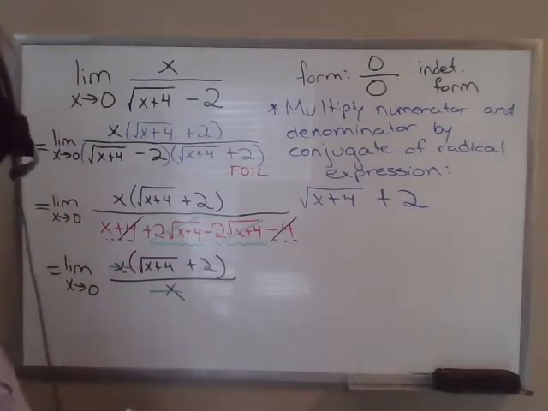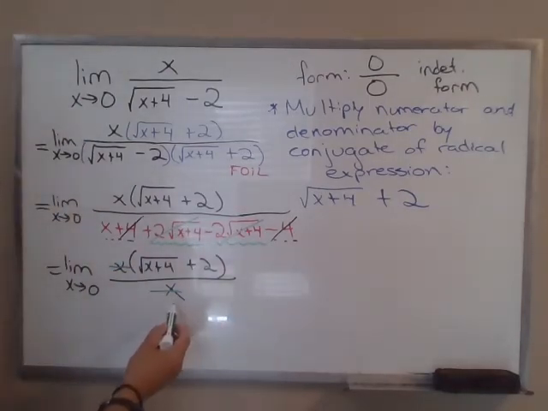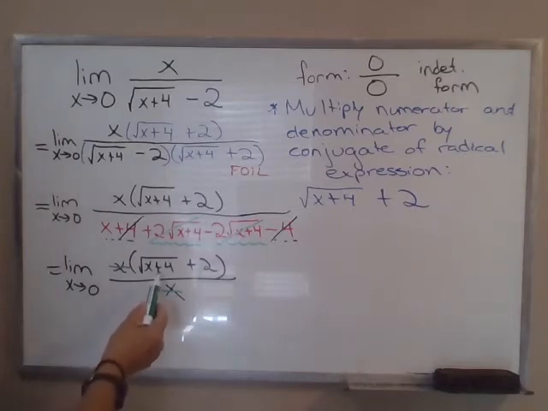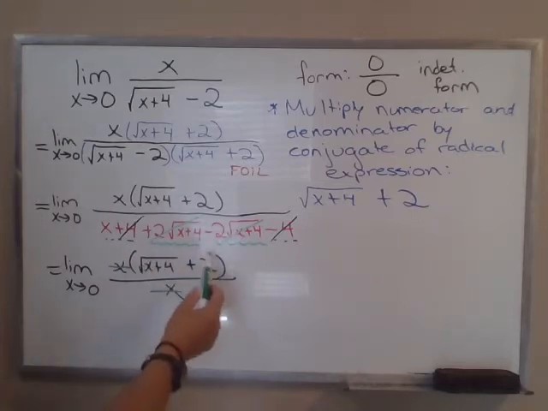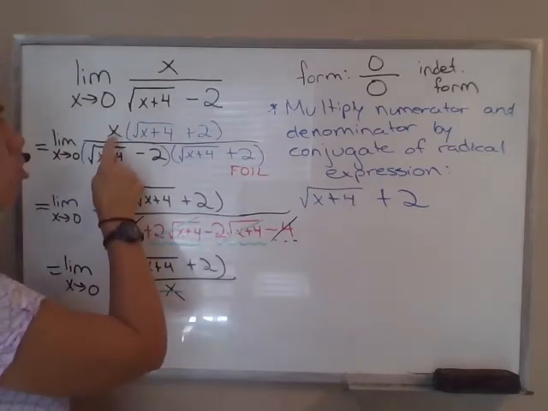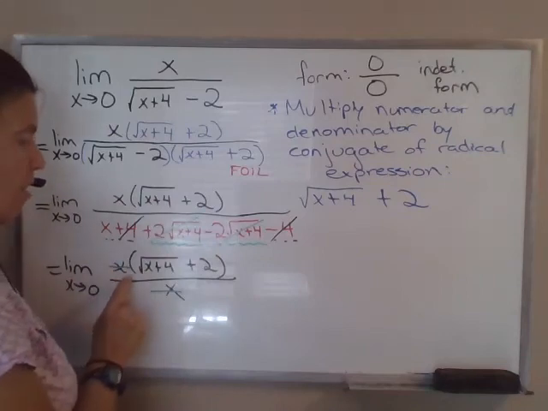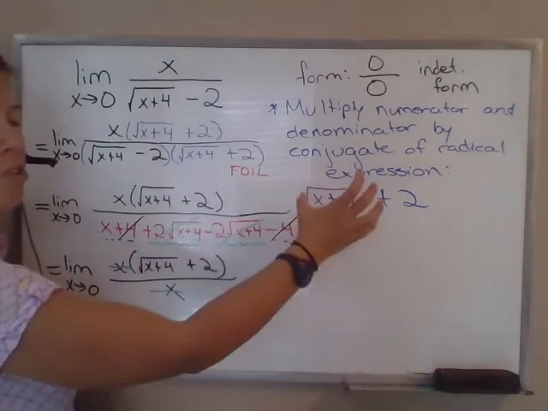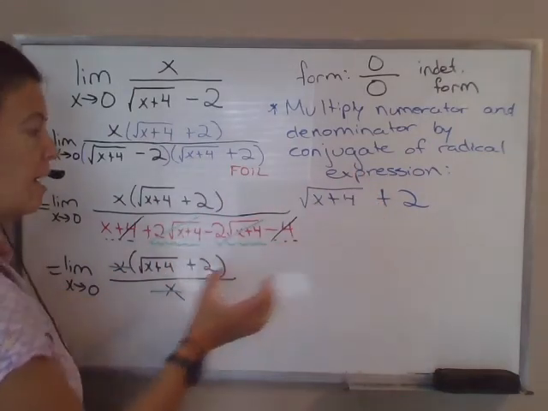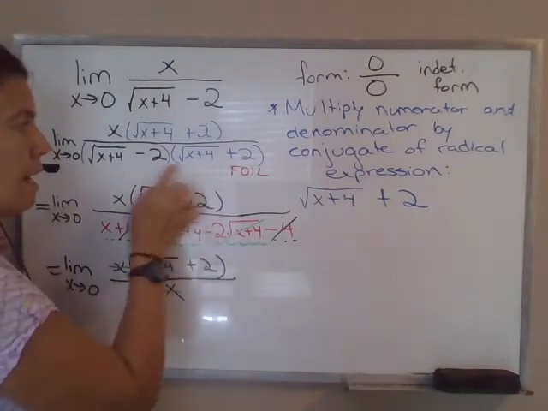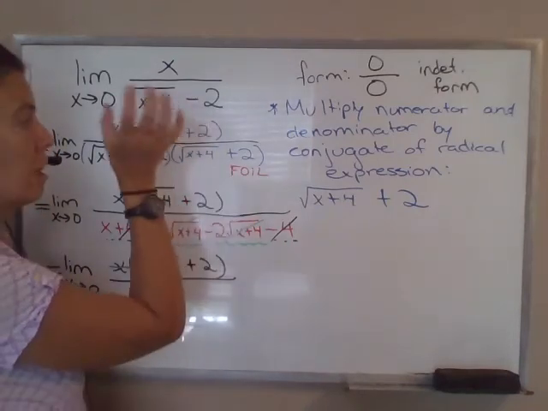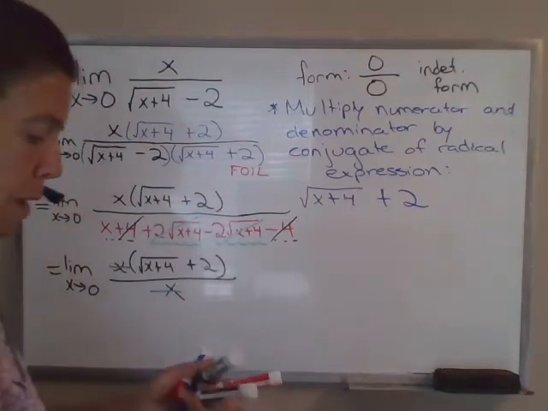And notice that once you cancel those x's, now 0 is in the domain of this expression. It's not going to make our denominator equal to 0 anymore. So that right there is why you should not distribute the x in the numerator. So in general, when you do this multiplying by the conjugate technique, multiply it out where you're multiplying conjugates, and leave it factored if you're not multiplying conjugates.